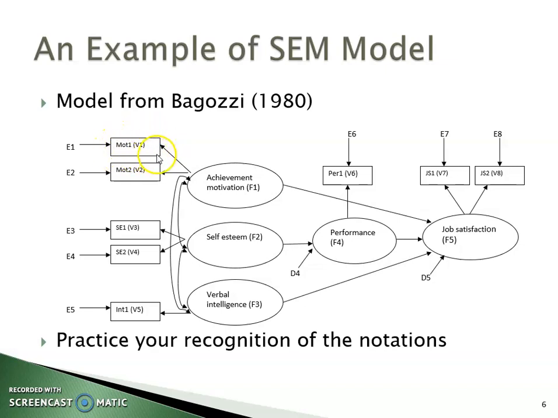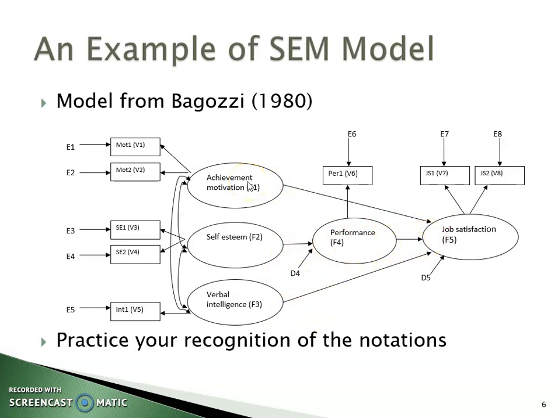They are in this rectangular shape, and we have motivation variable 1 and motivation variable 2. For each of the measured, or what I call observed, variables, there is an error component. So you can see the error to variable 1, error to variable 2, and so on and so forth. The primary research interest of the study is shown here using those structural relationships.